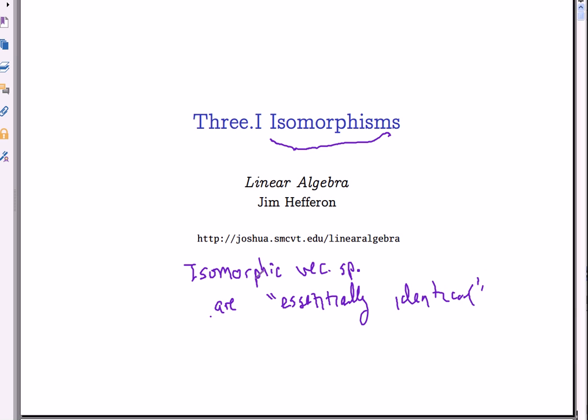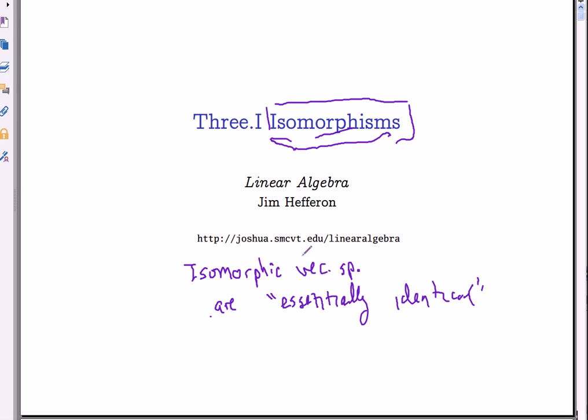Okay. In fact, isomorphism is a very important concept in mathematics. You have other types of isomorphisms. In general, isomorphism, iso means same, morph means form. So an isomorphism is a mapping that preserves the structure.